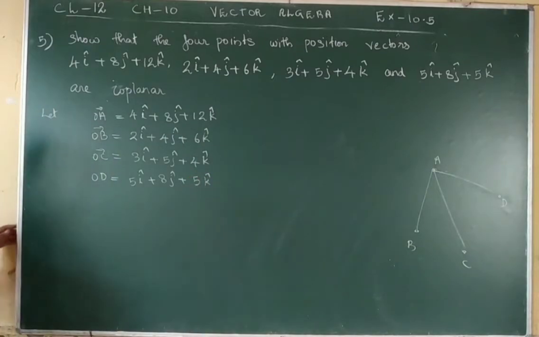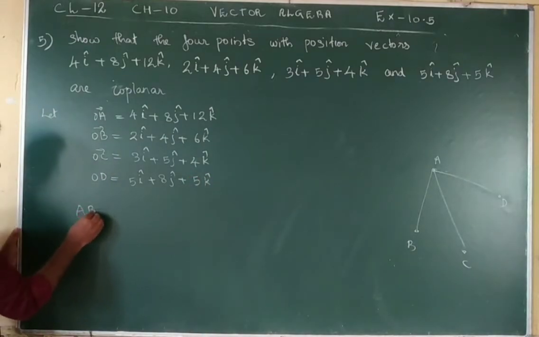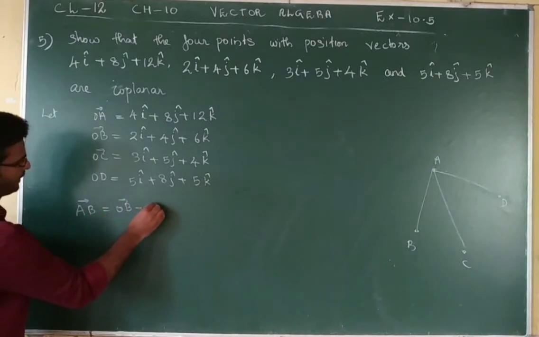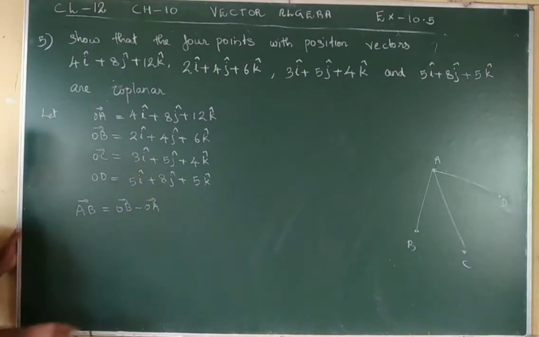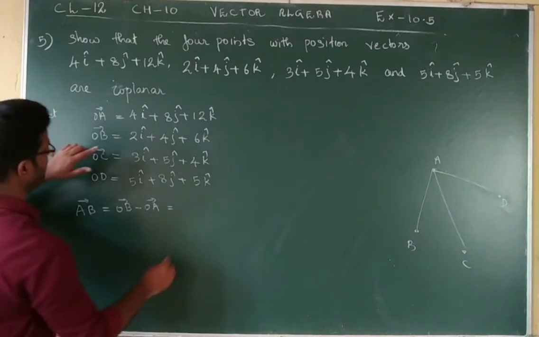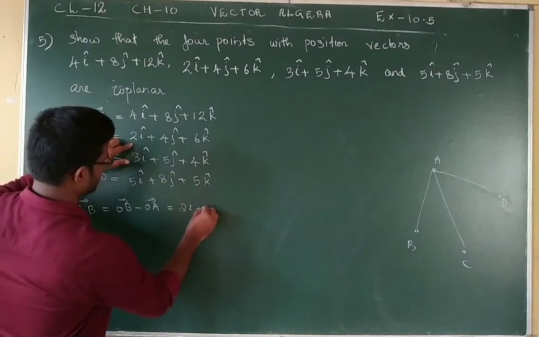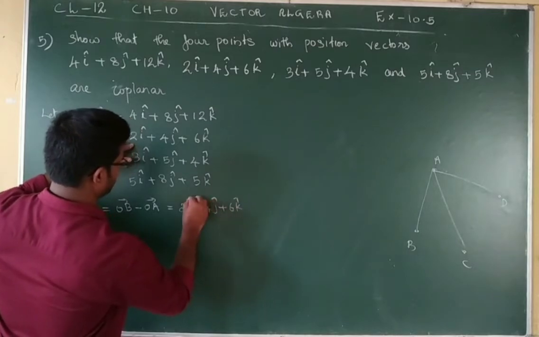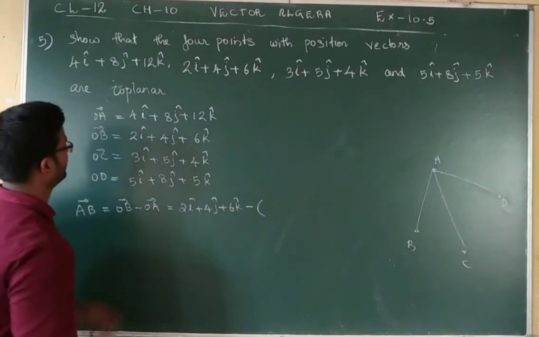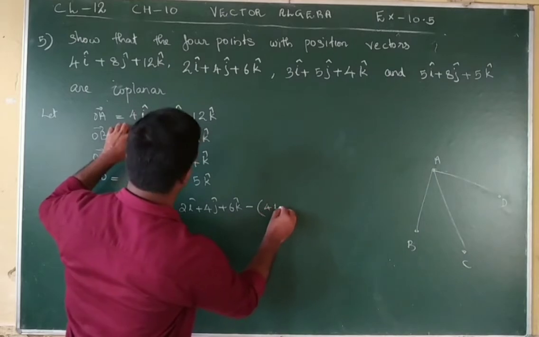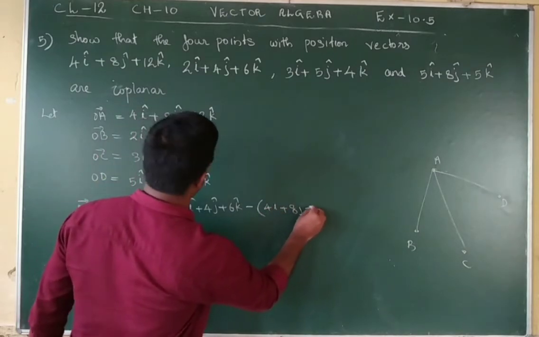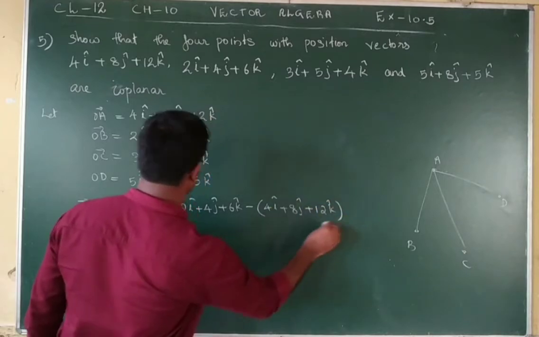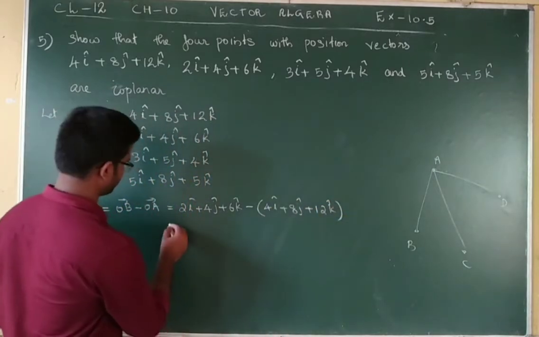Now we can find out first AB vector, that is OB vector minus OA vector, equal to OB vector is 2i plus 4j plus 6k minus OA vector is 4i plus 8j plus 12k. What will we get?